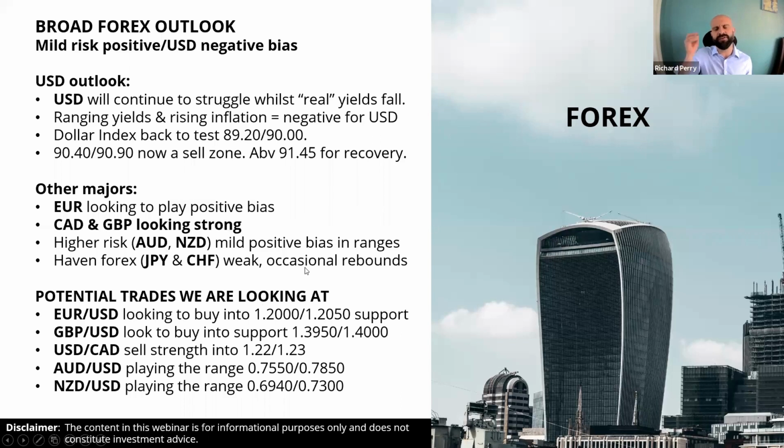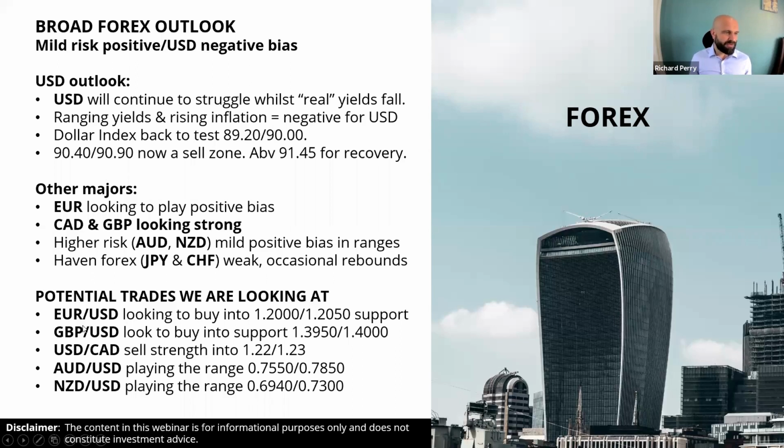With regards to the Aussie and the Kiwi, they have been more ranging with a very slight positive bias within those ranges, but I prefer the sterling, Canadian, and euro at the moment. And also the haven Forex, the Japanese yen and Swiss franc, don't look great. They may well get occasional rebounds on risk appetite scares, which might help to drive a little bit of near-term yen strength or Swiss franc strength, but ultimately I don't think they look that positive.